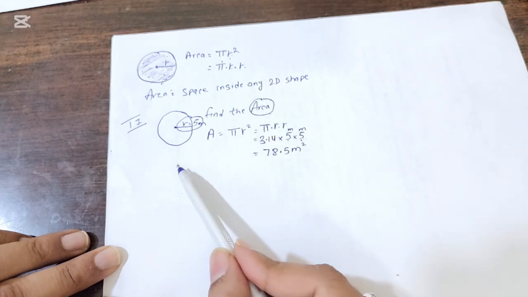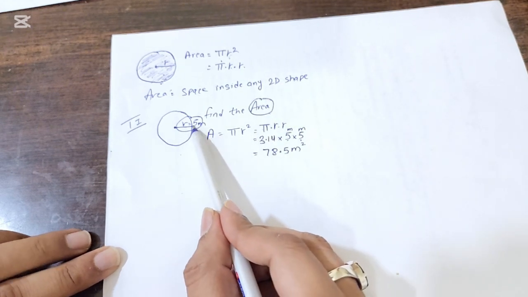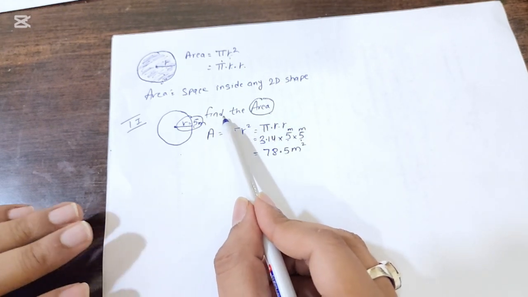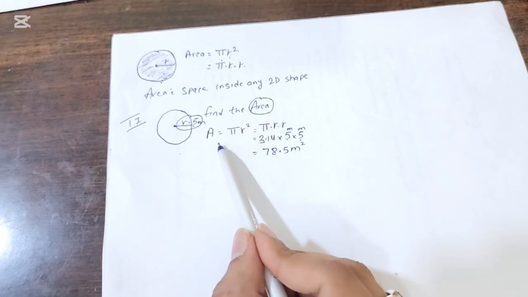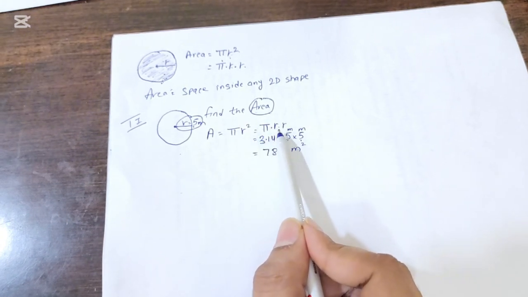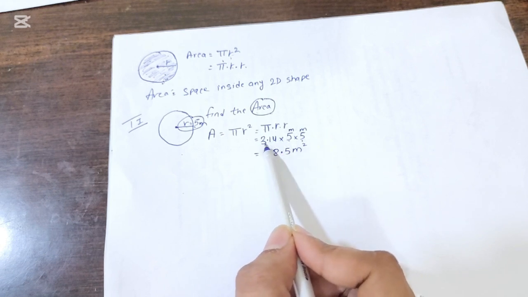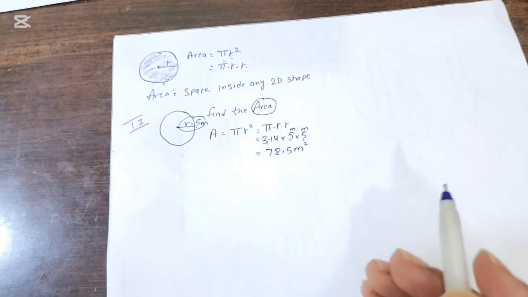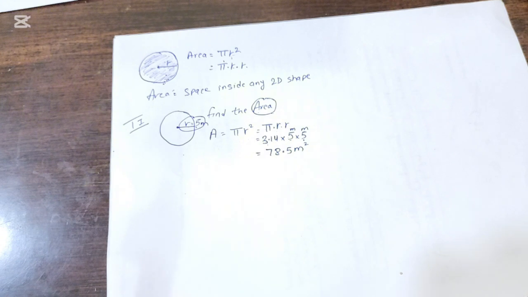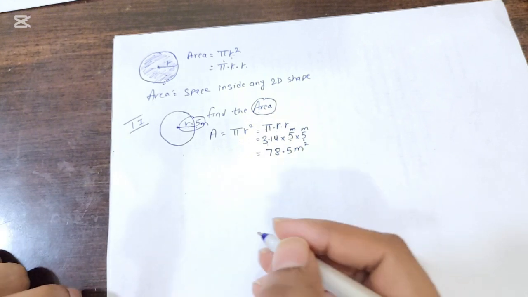In the type 1 question, the radius is given 5 meter, and he asks us to find the area. So area is pi r square. Again formula, pi is 3.14, radius 5. When you multiply them, you will get the answer. This was the type 1 question, which is the simplest and most basic type of question.